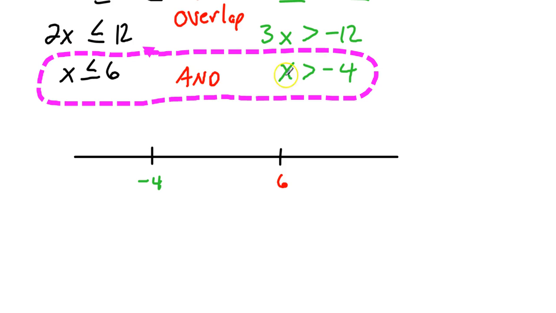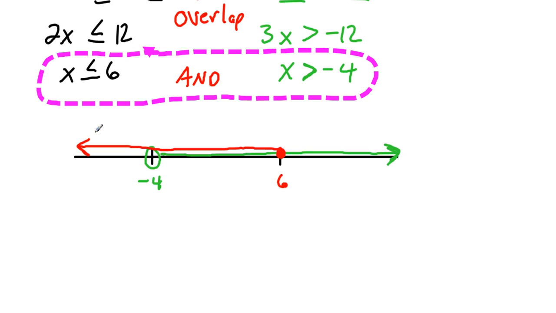So if we do the x greater than -4, do that in green, that one should be an open circle. Head off in that direction, because again, the arrow that you have here should match the arrow that you have here. And for the x less than or equal to 6, we'll do that one in red. That's a solid circle here. Head in that direction.